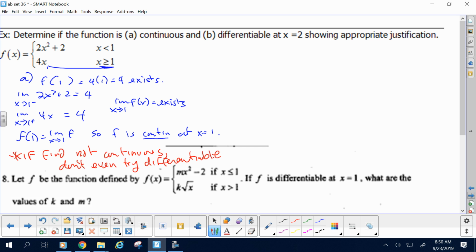Question is, is it smooth? All right, now what you're talking about here is a parabola and a line. And that could be a smooth transition of slope if you're talking just the right situation.